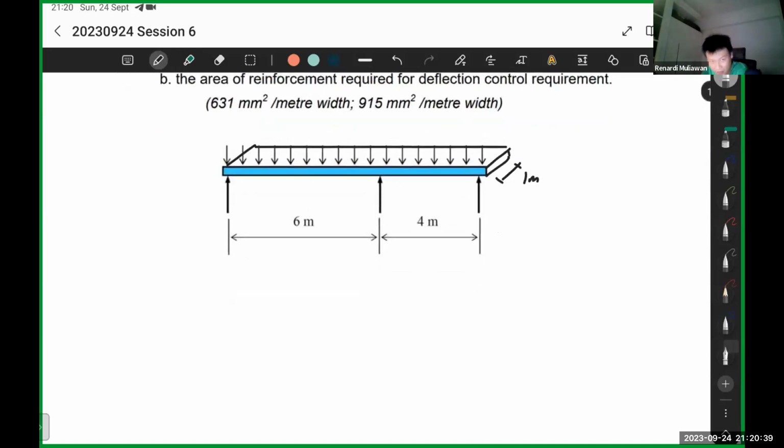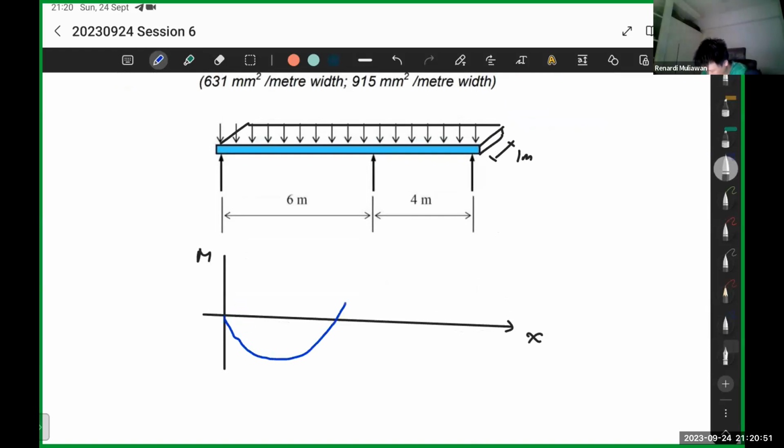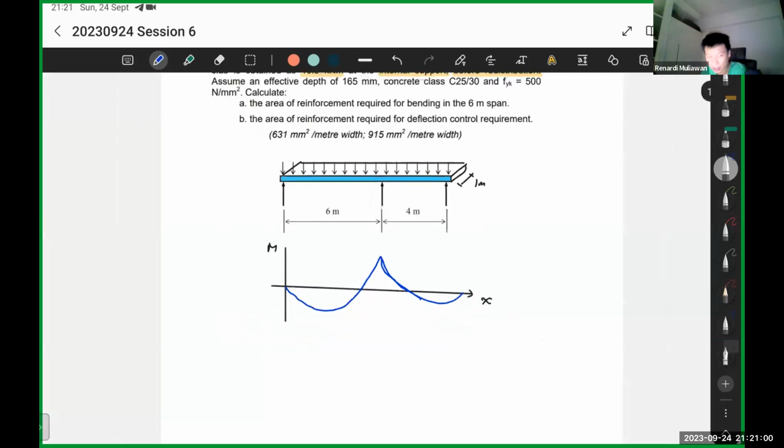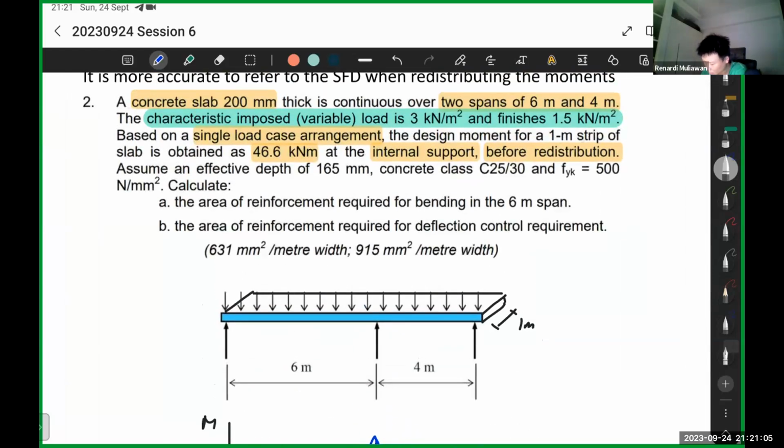So first things first, the bending moment diagram of this slab will look something like this, similar to our beam. But then we need to read the design moment: the 1 meter strip of slab is obtained at 46.6 kilonewton meters at the internal support before redistribution.